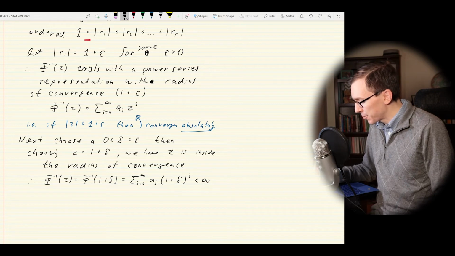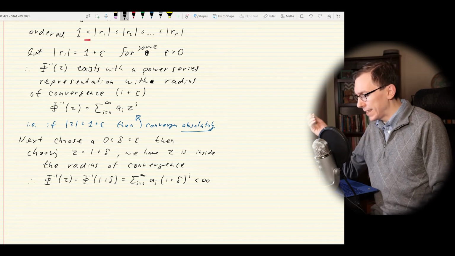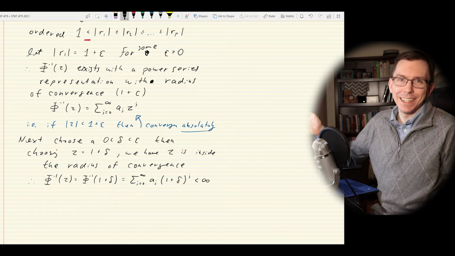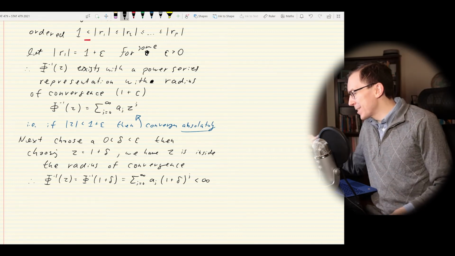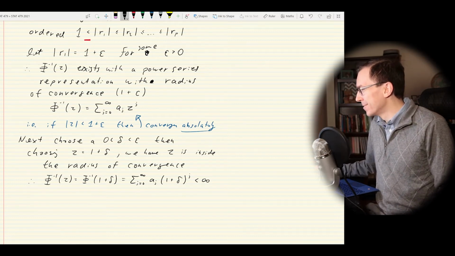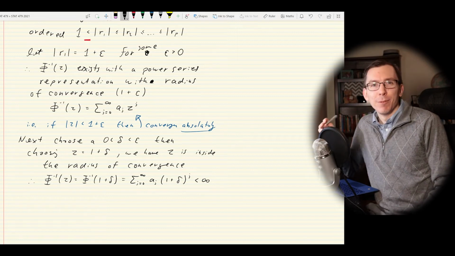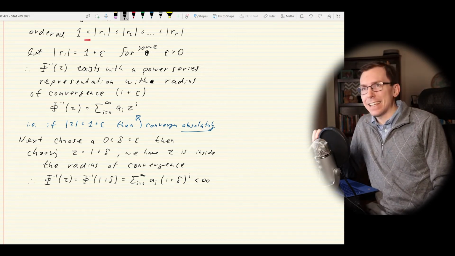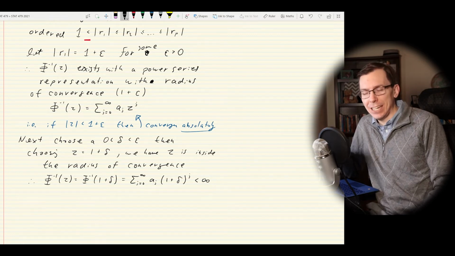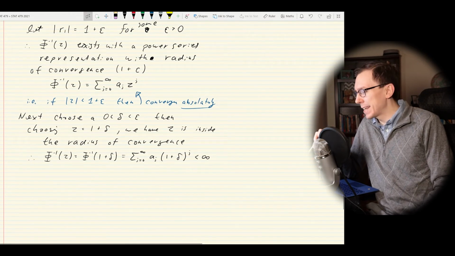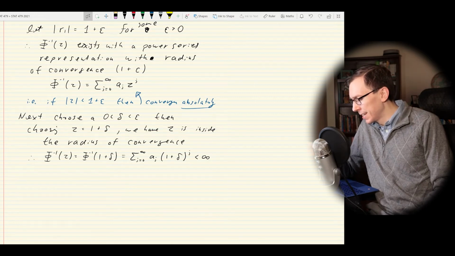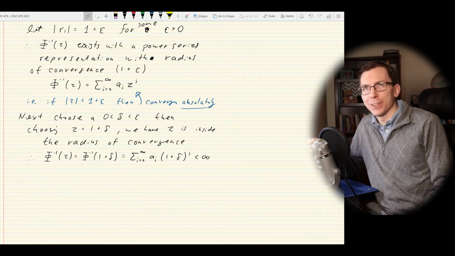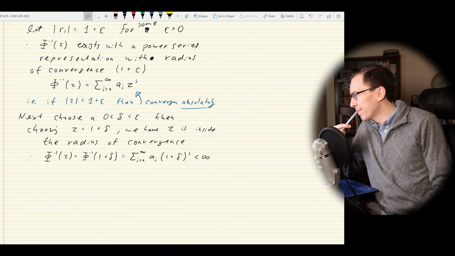Because it's within the radius of convergence, we know that that sum is finite. We don't know what it is, but we know it's finite. That's all that really matters for our purposes now, because what we're trying to show is that our ARMA process has a representation as a causal linear process. That's what we're fighting our way to through all of these derivations, which means ultimately we want to show that something is summable.